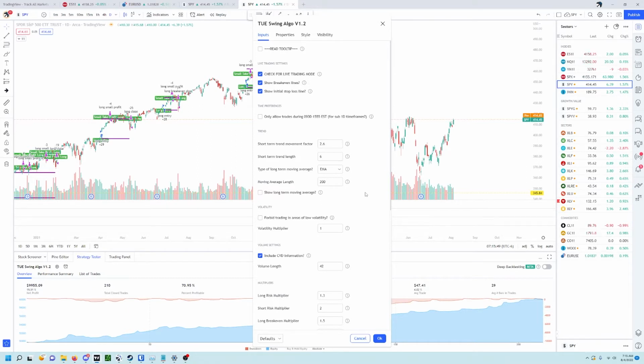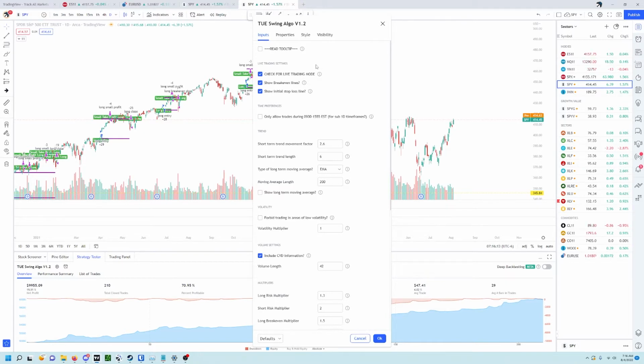Now, we'll talk a little bit about the algorithm itself. This here is the settings in TradingView. And there's a few things that it does. Now, this may change over time. We may do things a little bit differently as we launch our automated platform.